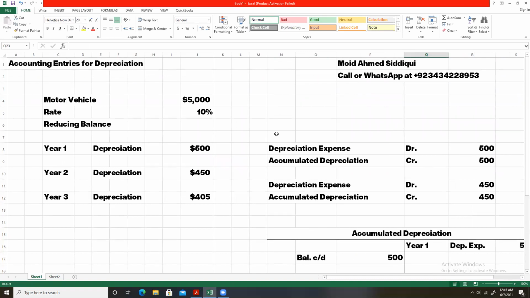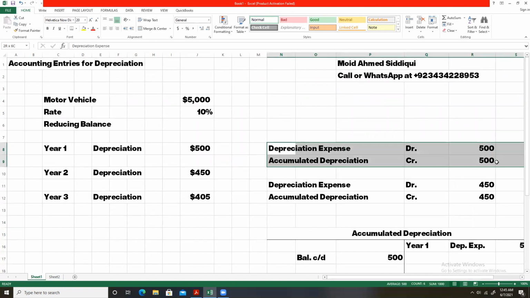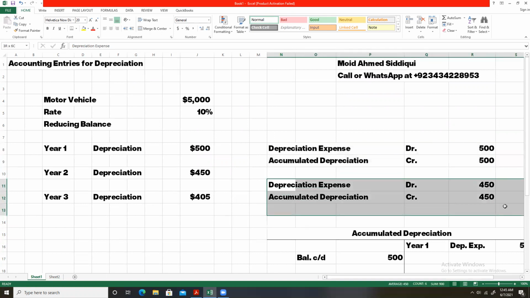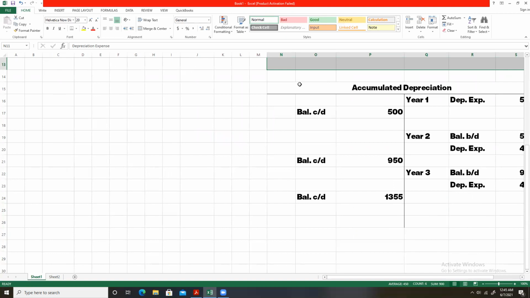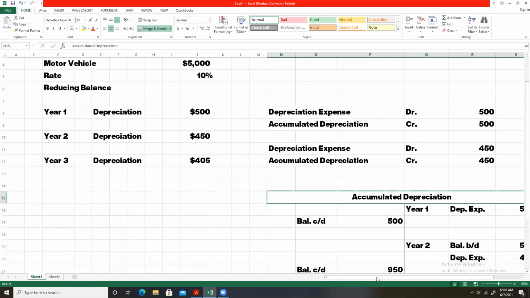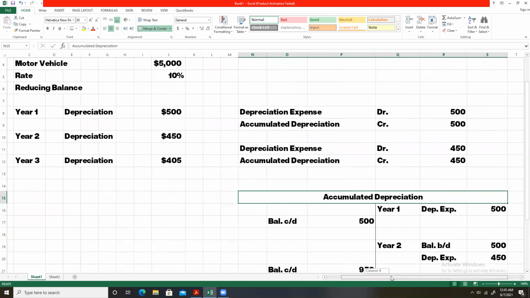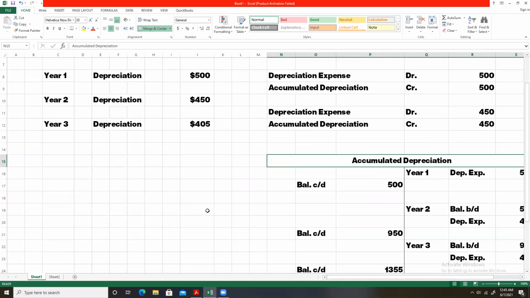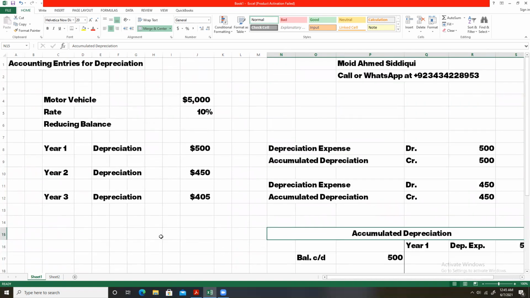But the point worth noting here is that this is the accounting entry to record depreciation, and accumulated depreciation is a contra account, an opposite account of the cost of an asset.